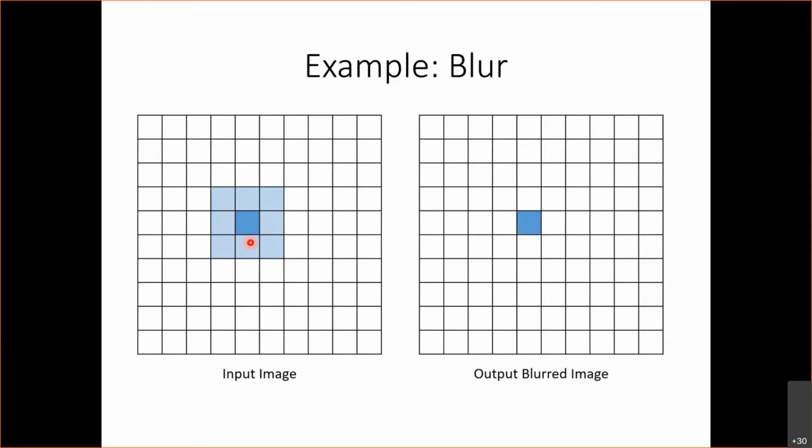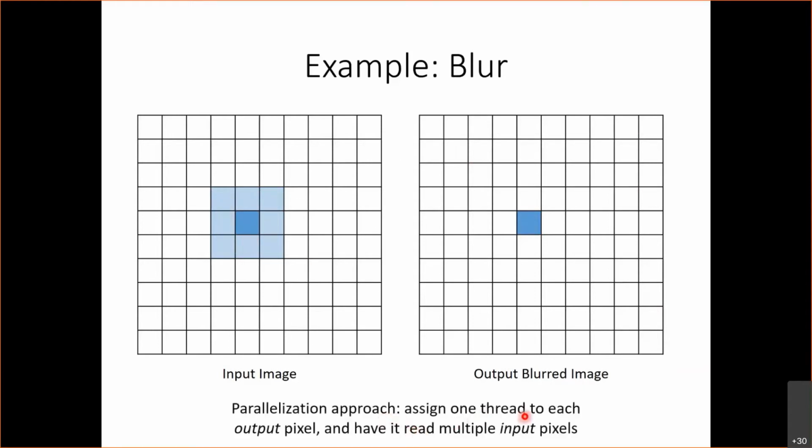So one parallelization approach is to assign one thread to each output pixel and have it read multiple input pixels. And this is a great approach. There are better ways of doing this, and we will see them later on in the course. But for the purpose of today, this is a great approach, nice and simple. Every thread is responsible for an output pixel and calculates the average of the surrounding input pixels.